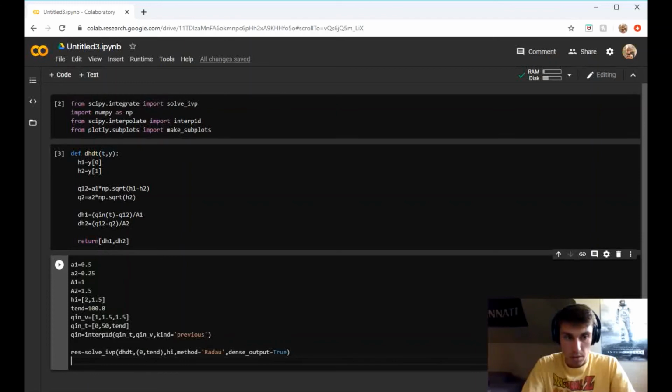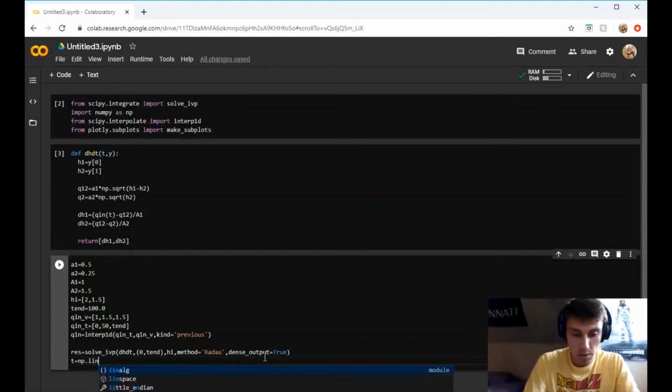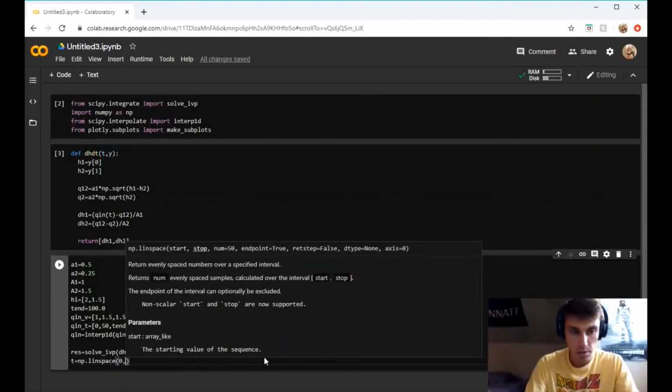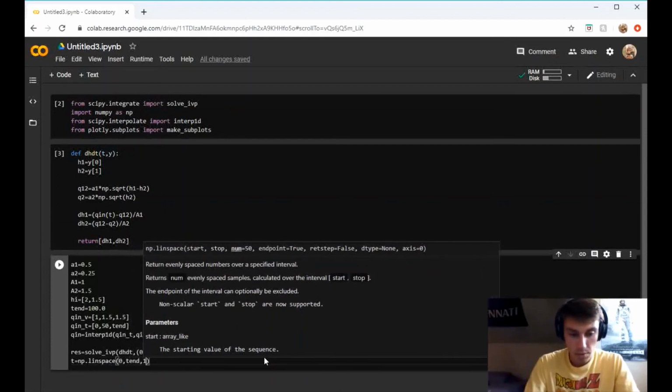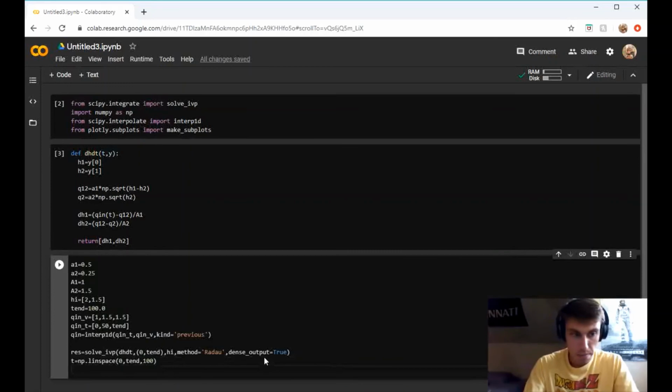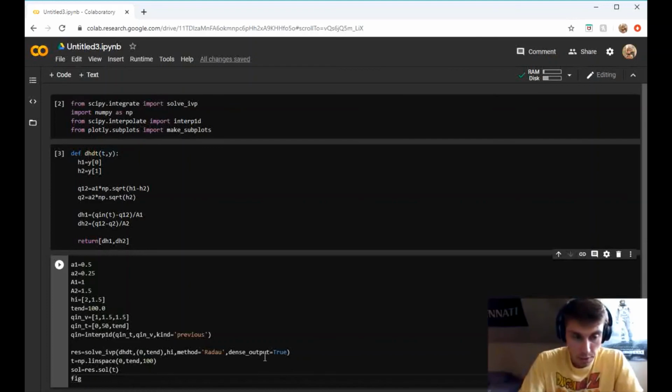And now we can continue with the graph. T is going to equal np.linspace 0, T end, 100. Solve. We're going to get our figure in here.